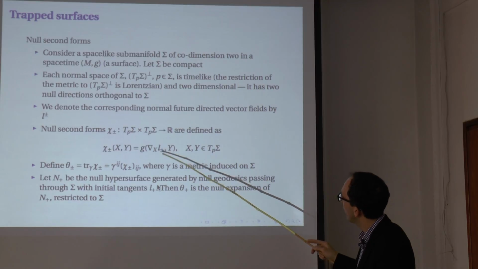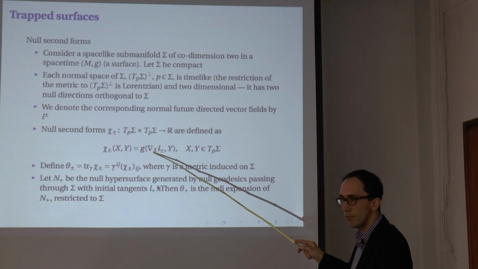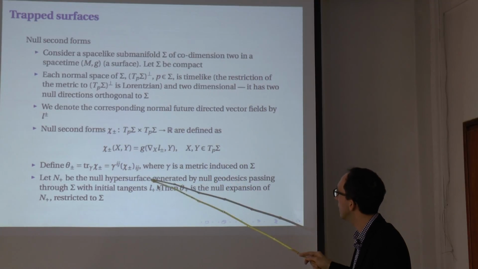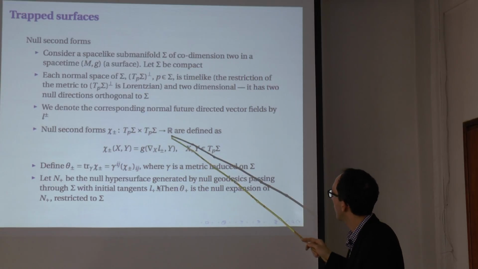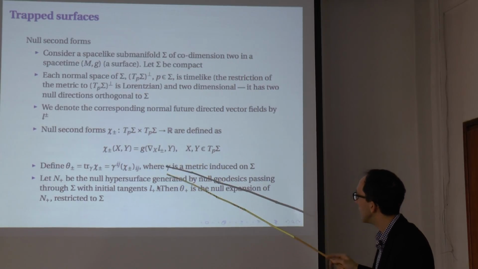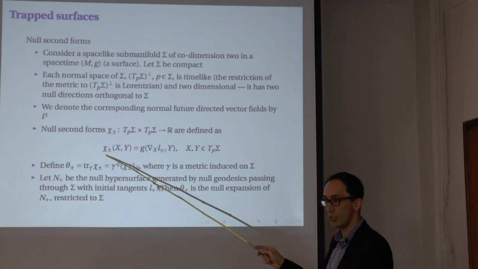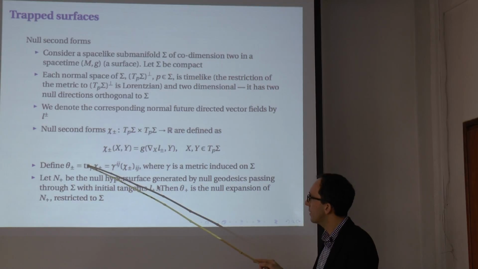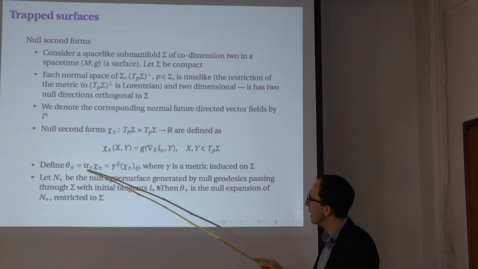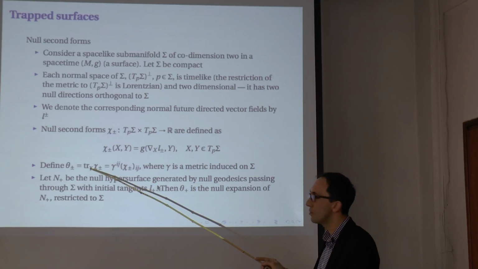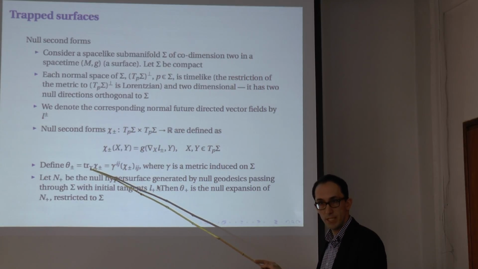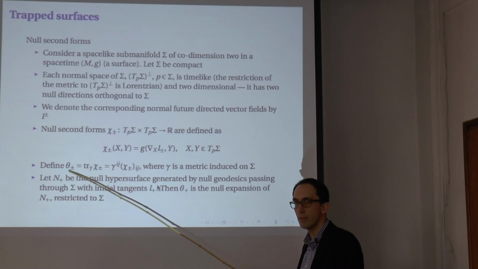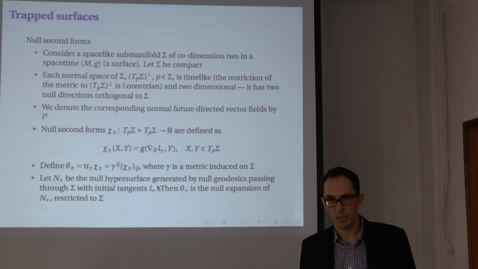So you basically take a covariant derivative of this vector L plus and minus, and you multiply it by another vector field, and you get a tensor which is defined like that. And then you can compute a trace, but with respect to the metric that's induced on the surface sigma, and you call those theta plus and minus the two null expansions.